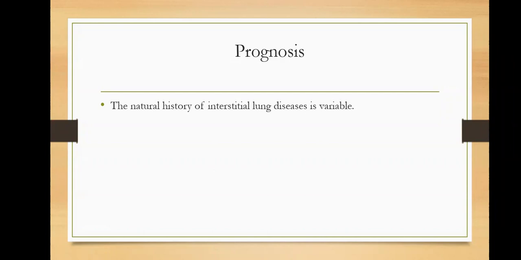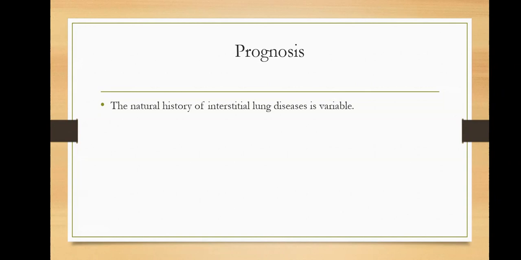So we do high resolution CT, we do lung biopsy, then we classify the patient's lesion, the severity and the extent. Then with the diagnosis, we can classify him, and the prognosis can be estimated.